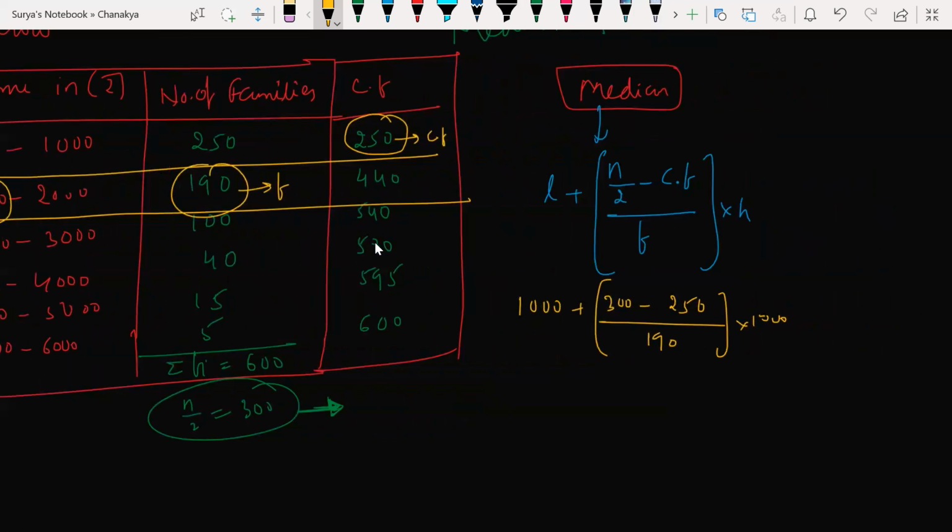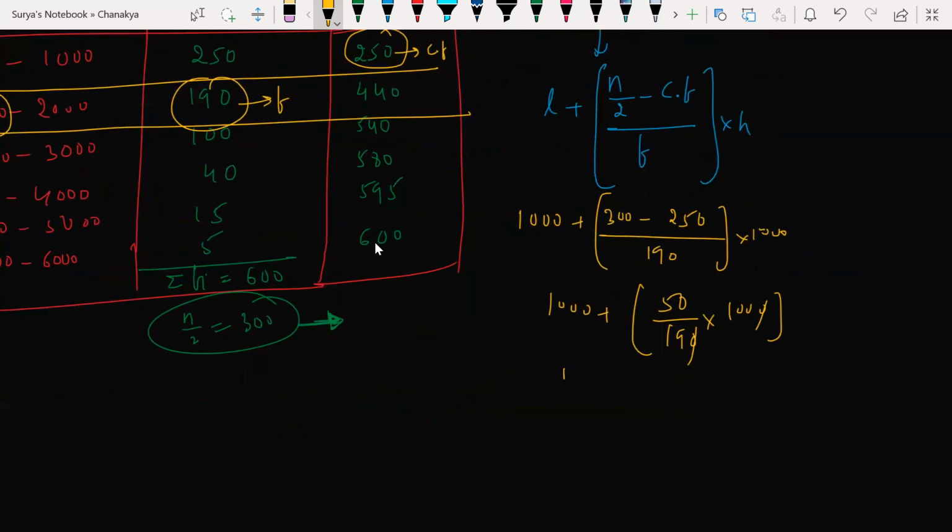Substitute everything. 50 by 190 into 1000, the zeros get cancelled. So the answer is 1000 plus 5000 by 19.